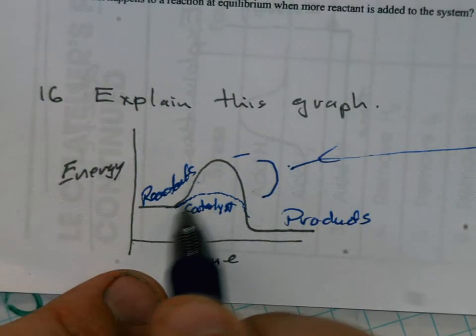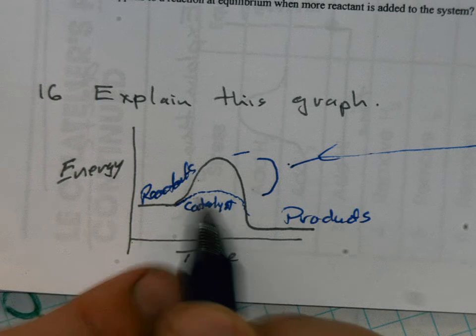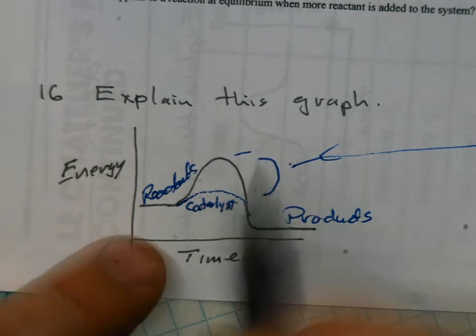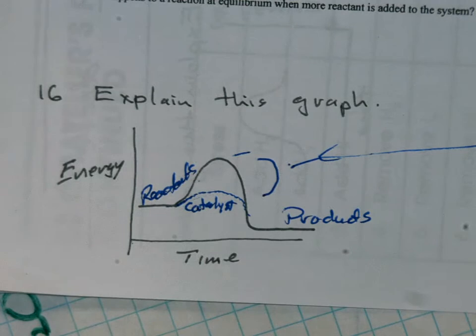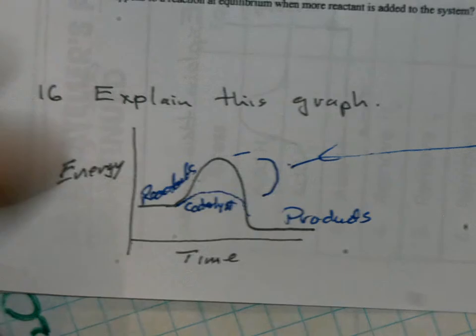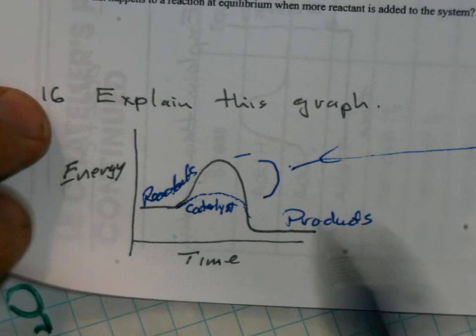So a catalyst will lower the activation energy. Catalysts don't get used in the reaction. When you're done striking that match, that little piece of material, the rough stuff, I don't have any here, is still there. It's unchanged and ready to use in another reaction. Catalysts don't get used up in the reaction.